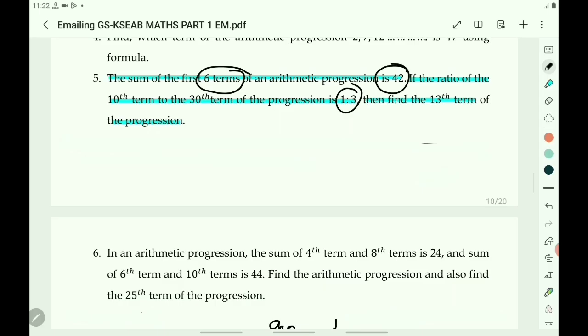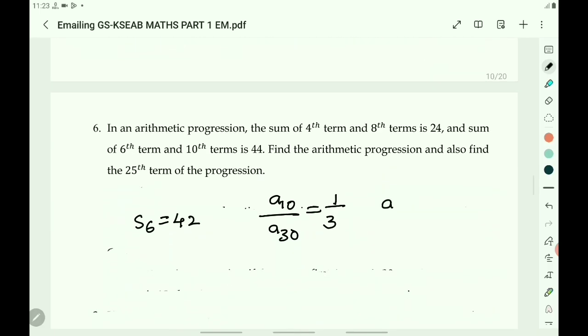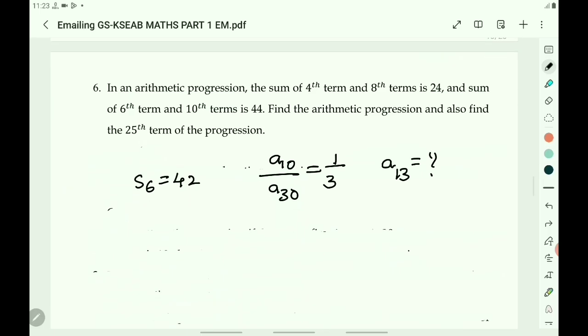We have to find the 13th term, a13 equals question mark. To find a13, a and d are required. By using these two relations, let us find a and d.